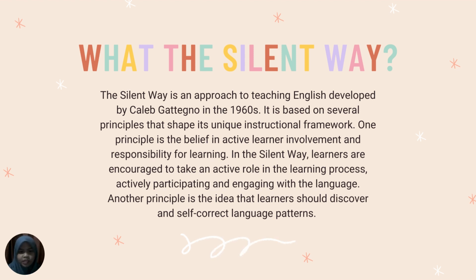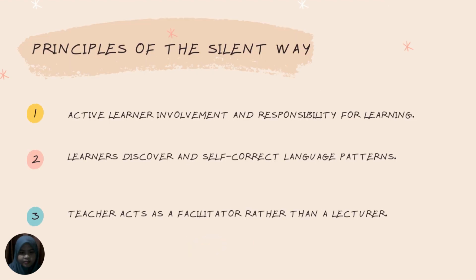So, what are the principles? The first principle is active learning, involvement and responsibility for learning. Second is learners discover and self-correct language patterns. And the last is teacher acts as a facilitator rather than a lecturer. So, the silent way is based on several key principles.